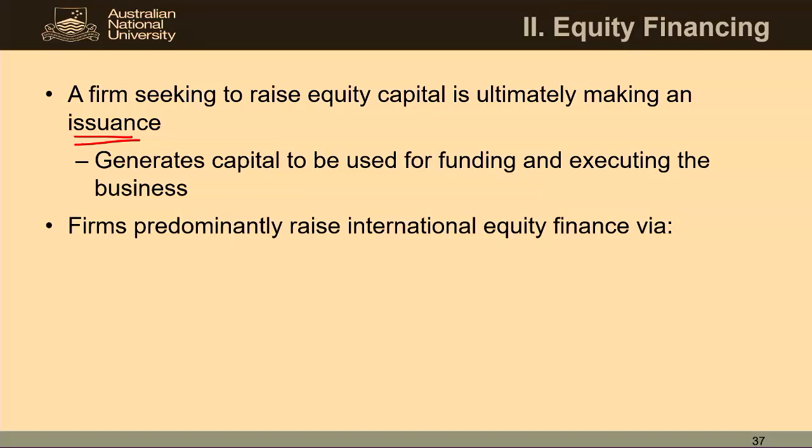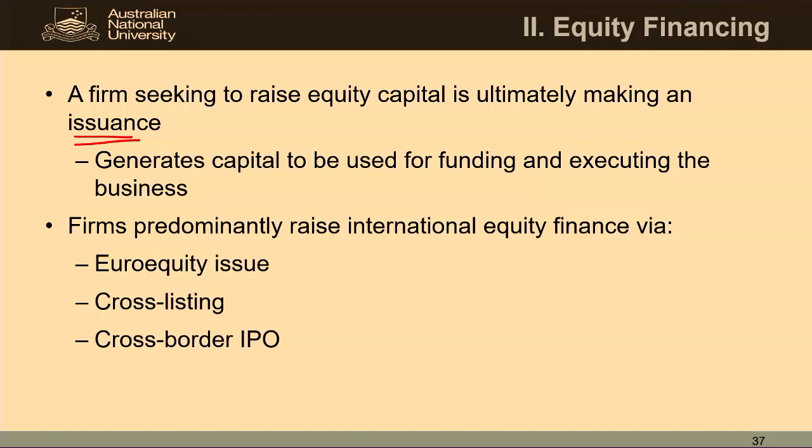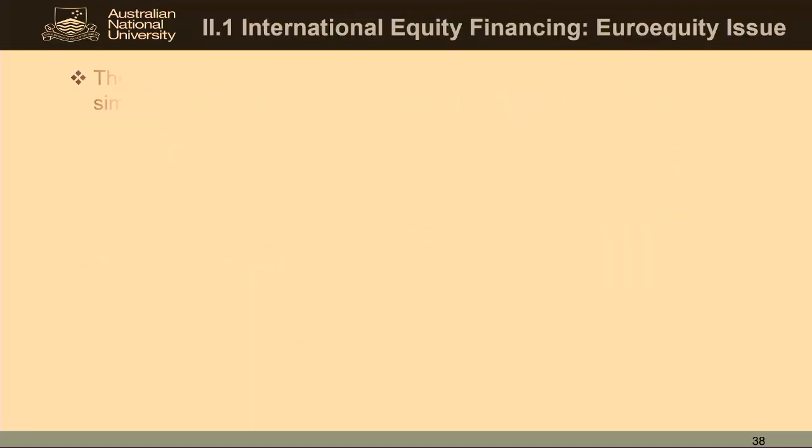And firms can predominantly raise international equity finance via Euro equity issue, as well as cross-listing, as well as cross-border IPO. So these are the three main ways, but actually cross-border IPOs are often talked about within the context of cross-listing as well. So let's take a look at what they are.